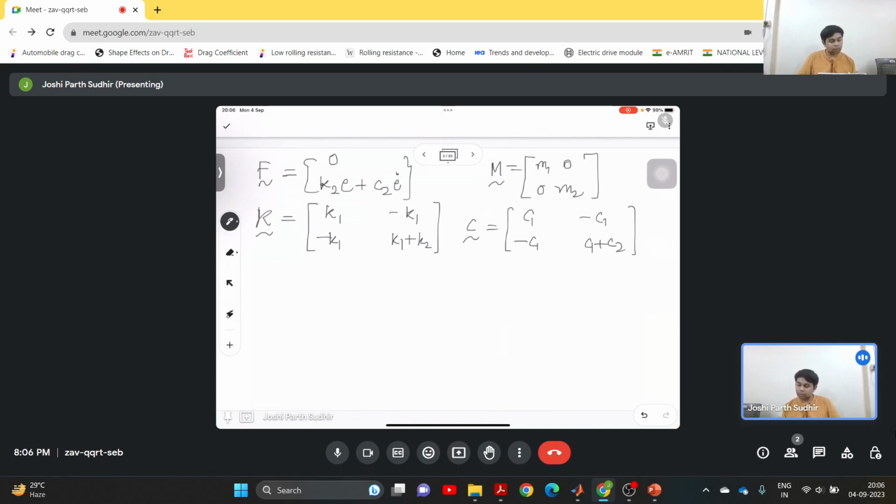So let us write down our solution in matrix form. Let us write down our differential equation now in a slightly different form.